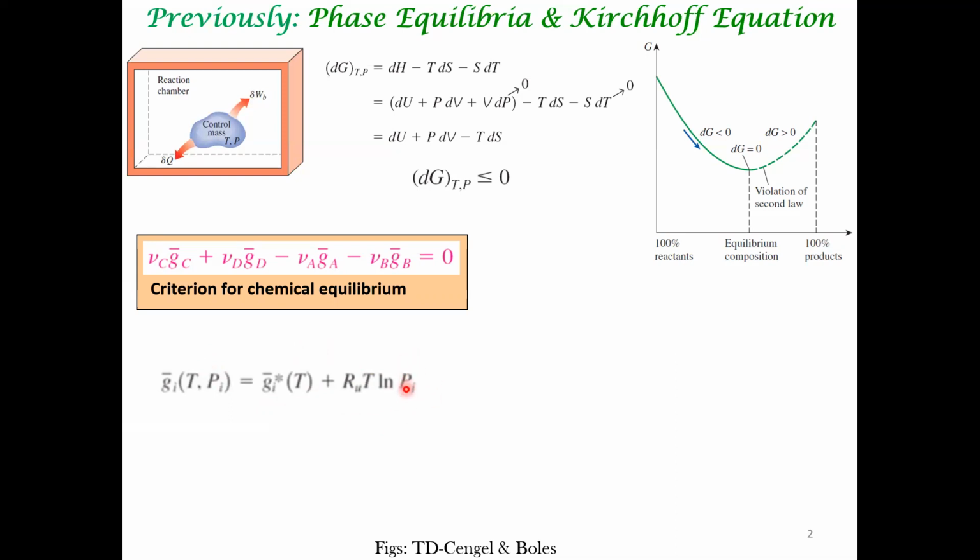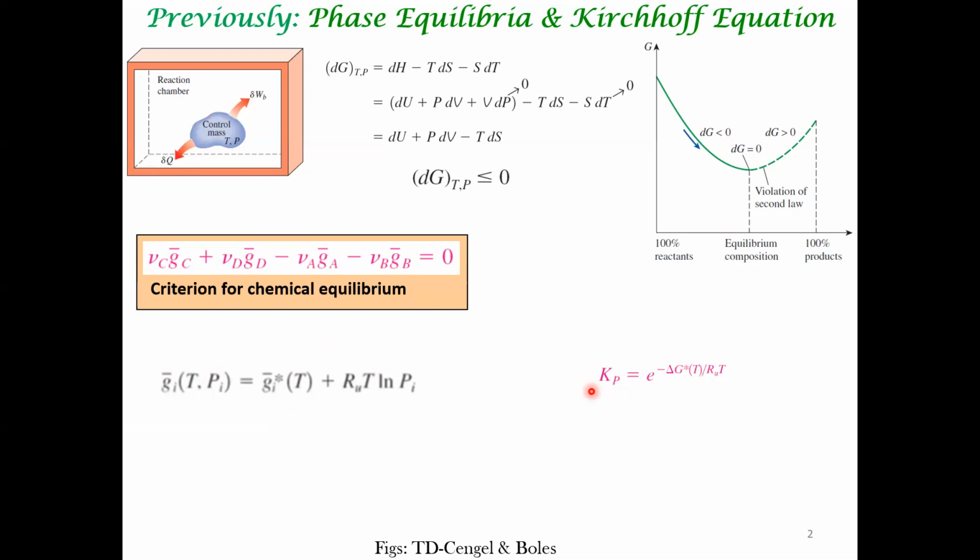So this is the partial pressure of the component i, and all the reactants and products are at temperature T. Incorporating this chemical potential expression into this expression gives you the expression for the equilibrium constant. It is a constant at a particular temperature.